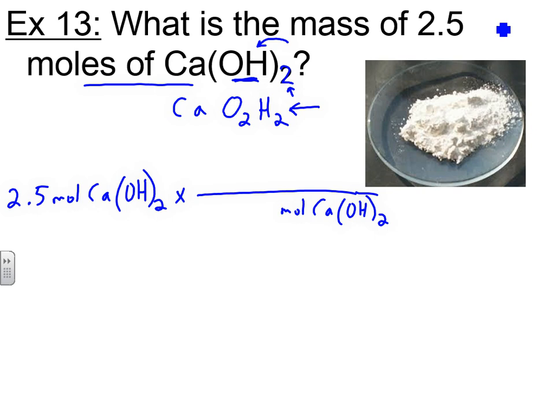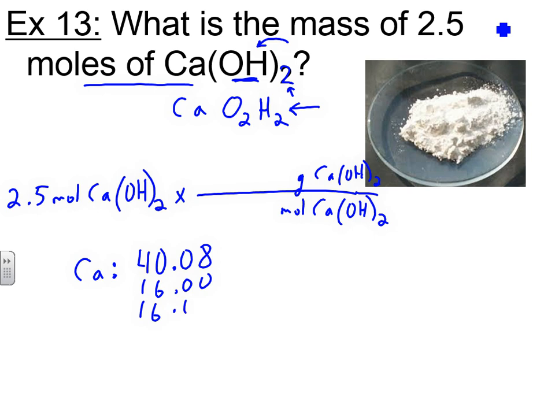Now, if you take a look at the periodic table, go and find calcium. Calcium should have a mass of 40.08. I got 2 oxygens, which is 16.00, and I got 2 hydrogens, which is 1.01.